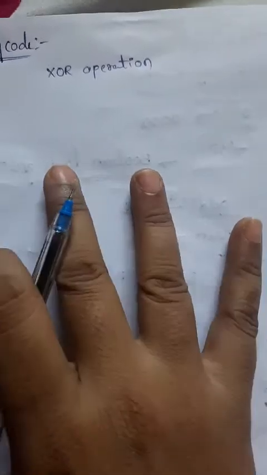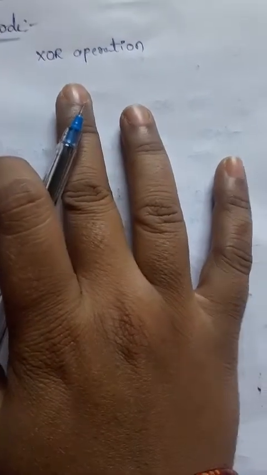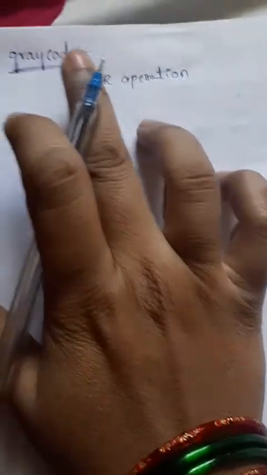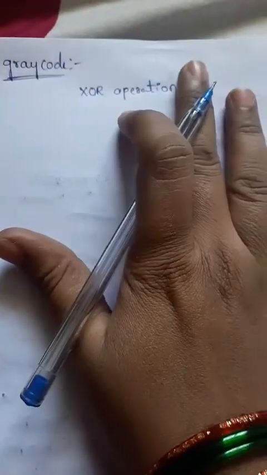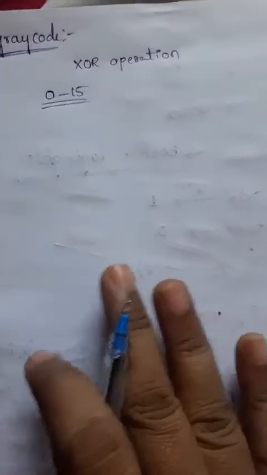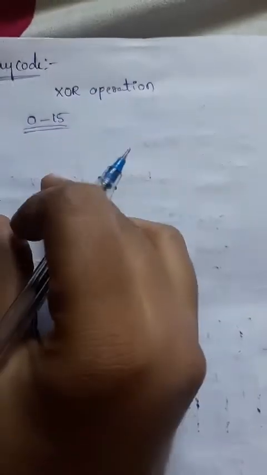Now we will see how to implement gray codes from binary codes of all decimal numbers. How many binary codes do we have? Actually 0 to 15, and we need to convert those into gray code. Now we'll see it one by one.